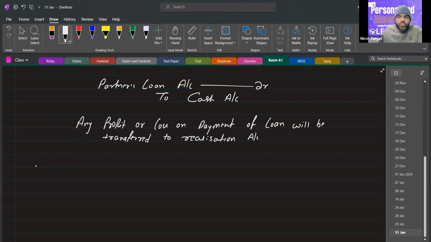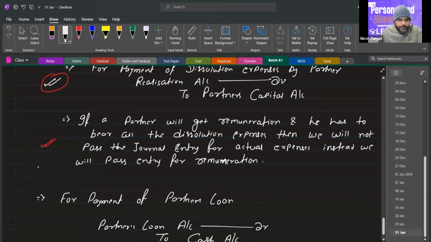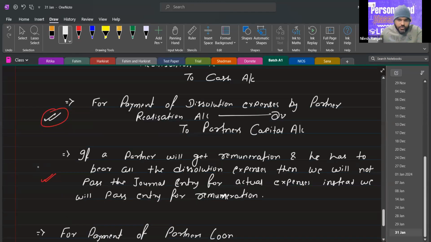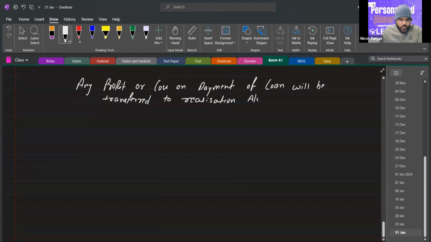After that, we will close the realization. So, profit or loss on realization.